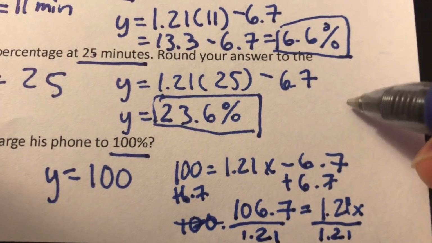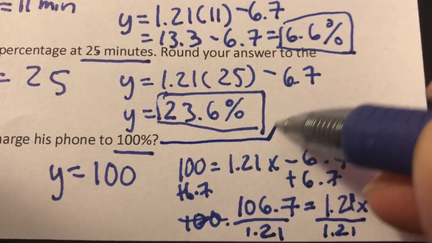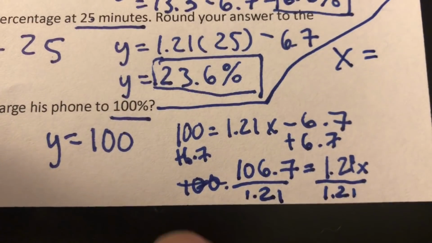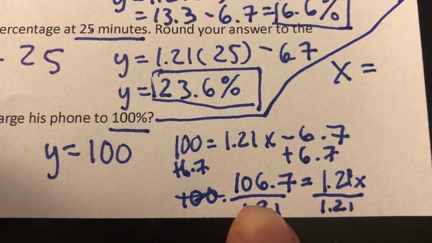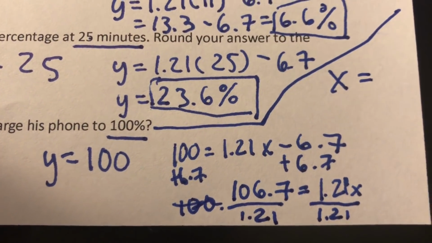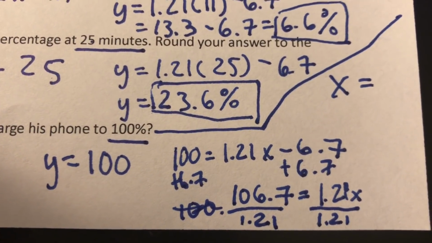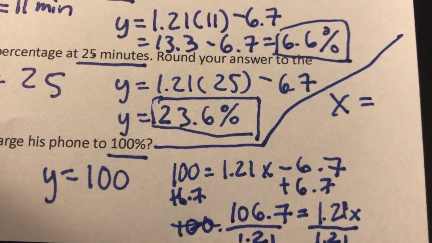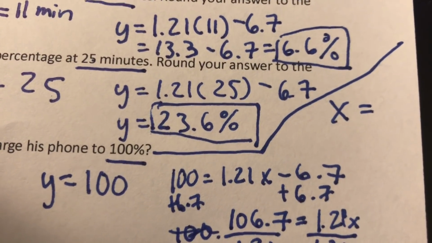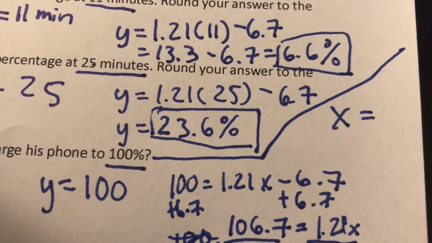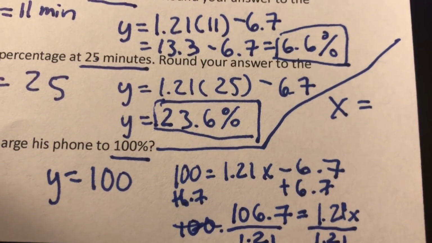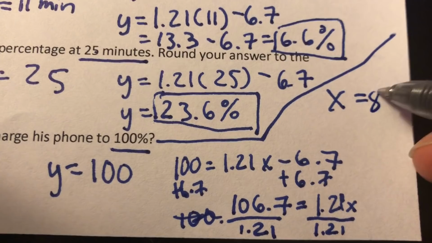So I have x is equal to, I'm going to put it into my calculator, 106.7 divided by 1.21. That's x is going to be about 88.2.